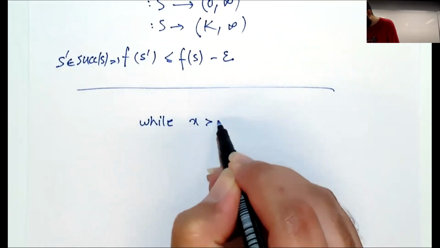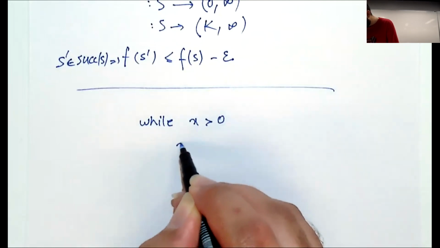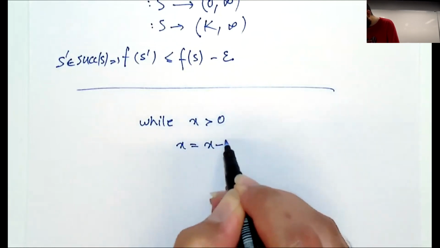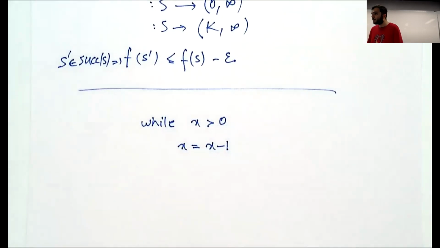While x is greater than 0, decrease x, and that's it. So let's say I want to prove that this program terminates. What I can do is actually find a ranking function for this program. Now, can you think of a simple ranking function?